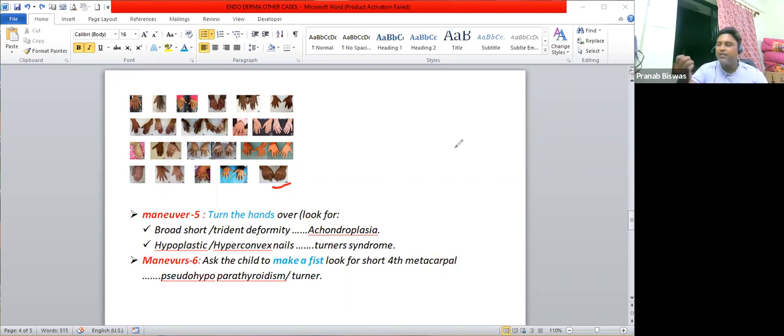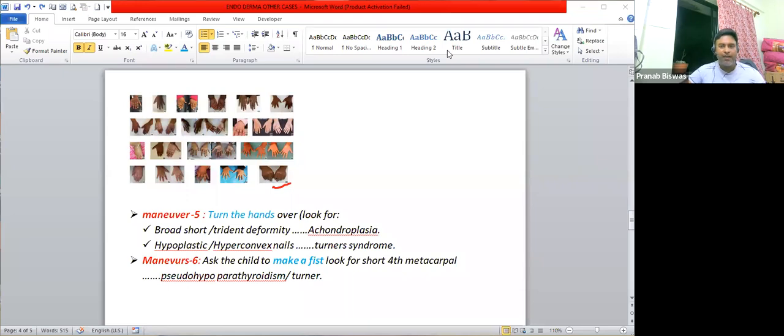If Turner syndrome is there, some nail hypoplasia may be there at the same time. And in Down syndrome, a single palmar crease may be there. So all these findings we need to read and find out during our clinical examination, to correlate with the syndrome or the disease or the case given.